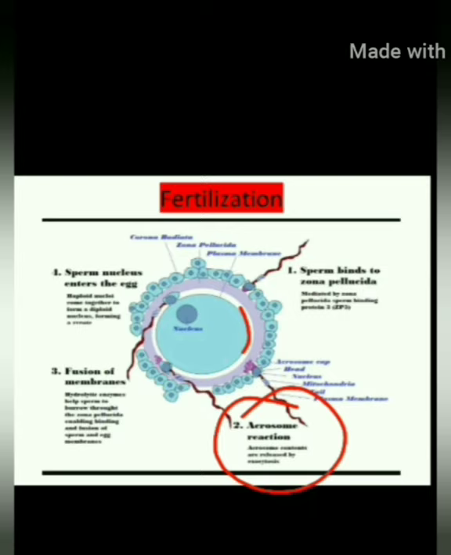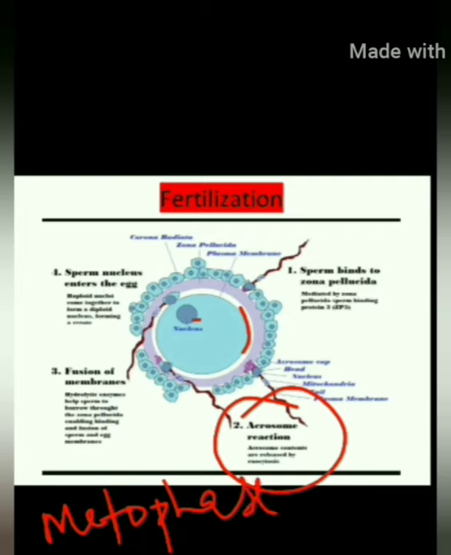Exocytosis means to release outside the cell. After the release, when this content comes in contact with the secondary oocyte or its nucleus, it initiates the secondary oocyte to complete its metaphase second.